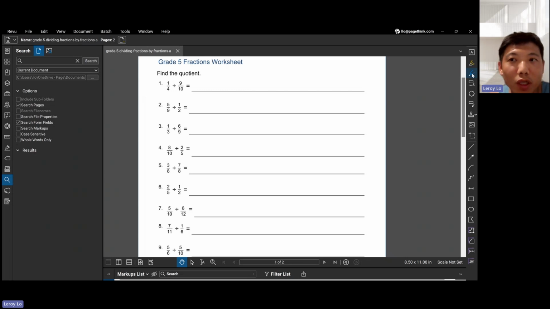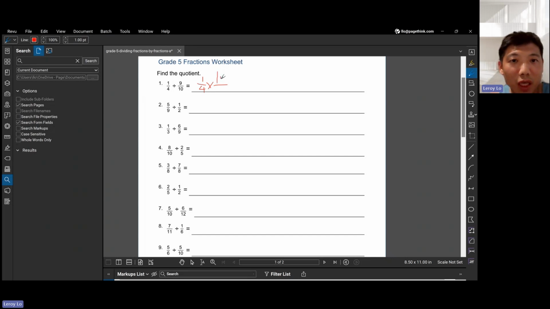So step one for this, you can see this is division. In order to swap it into multiplication, you basically flip the numbers. So 9 will go to the underside, which is the denominator, and then 10 will go to the top side, which is the numerator.